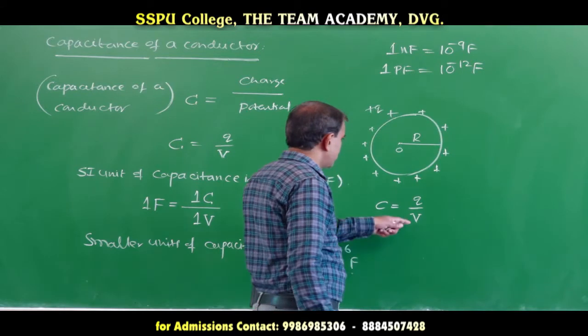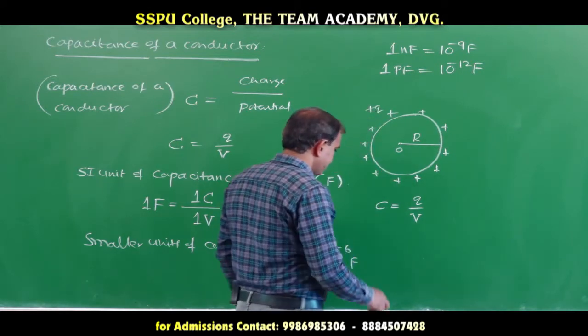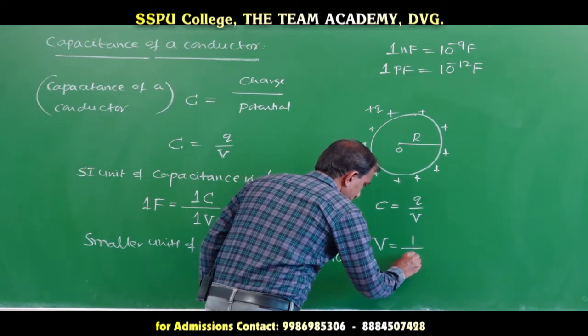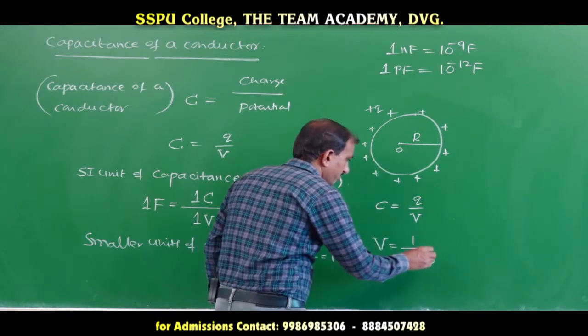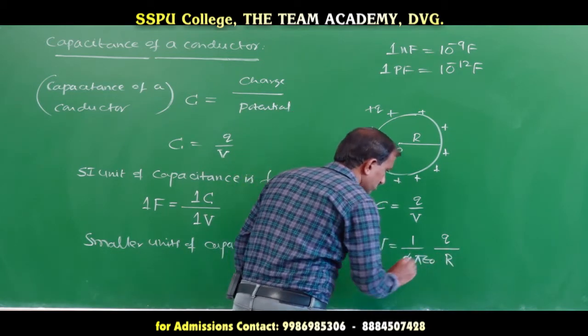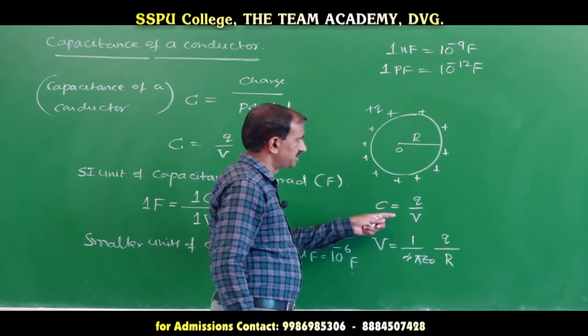What is the potential on the surface of the spherical conductor? We know that the potential is V equal to 1 over 4 pi epsilon into Q by R. Now, substitute the value of V in this equation.